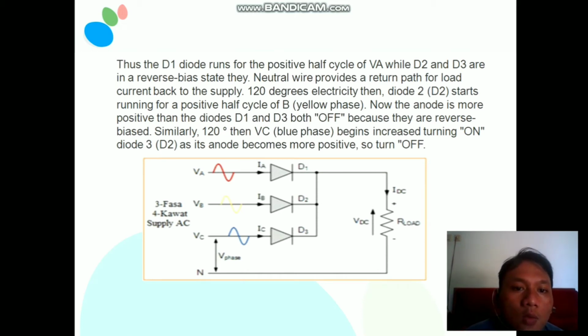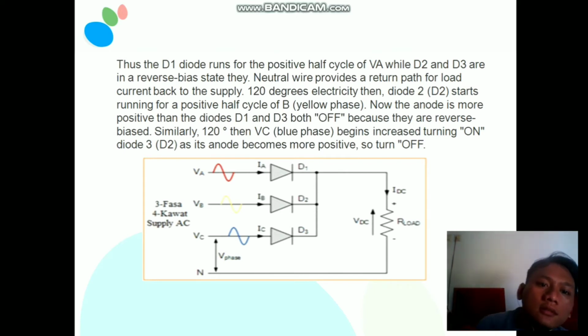Similarly, at another 120 degrees, VC, the blue phase, begins to increase, turning on diode 3 as its anode becomes more positive, so the previous diode turns off.